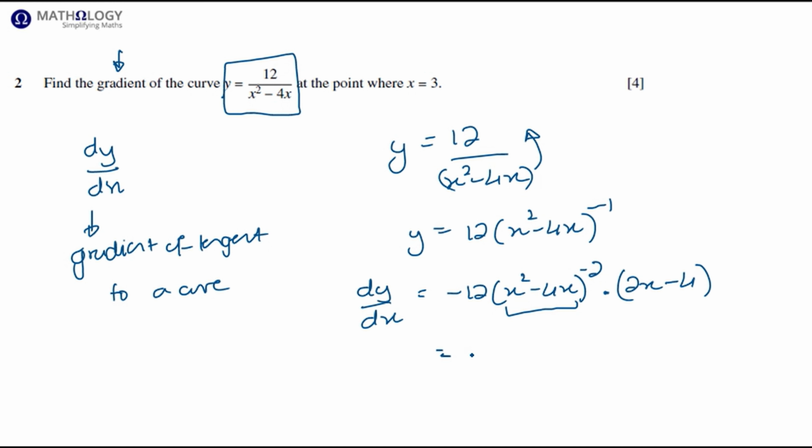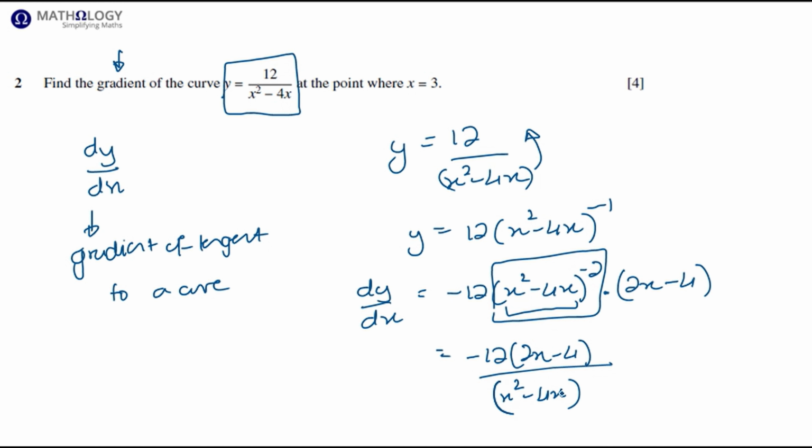So we can clean that up a little bit. It's minus 12 times (2x minus 4) divided by, we're going to write this expression here as a positive power, it'll just be easier to work with. So this is now your derivative or gradient function.